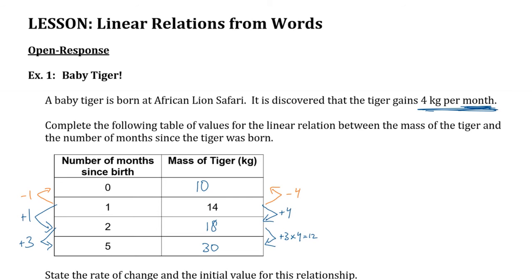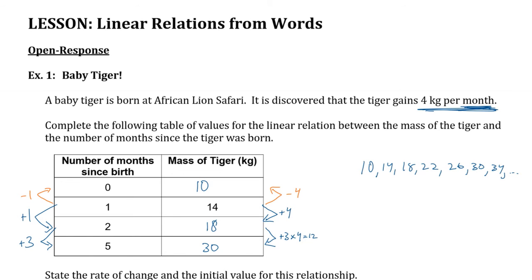So this is something EQAO likes to do, is they like to change what this is going up by. So it went up by 1, then by 3. And I can't just follow a pattern of 10, 14, 18, 22, 26, 30, 34, and so on. This pattern works.